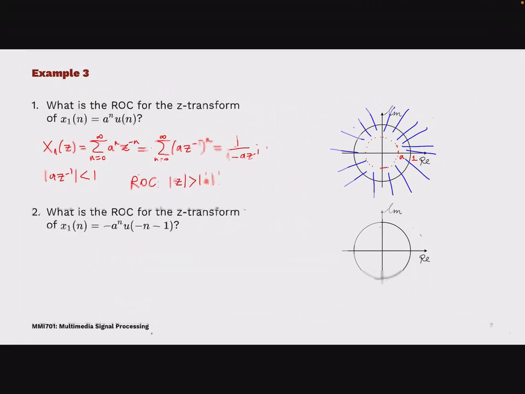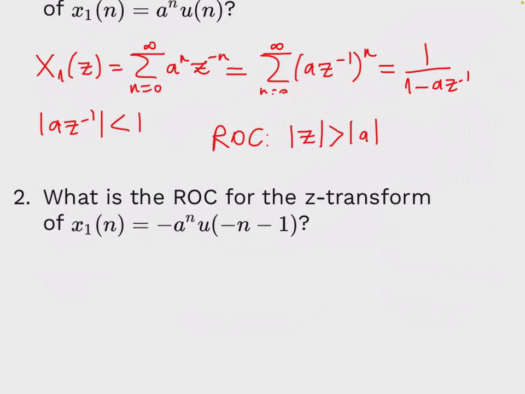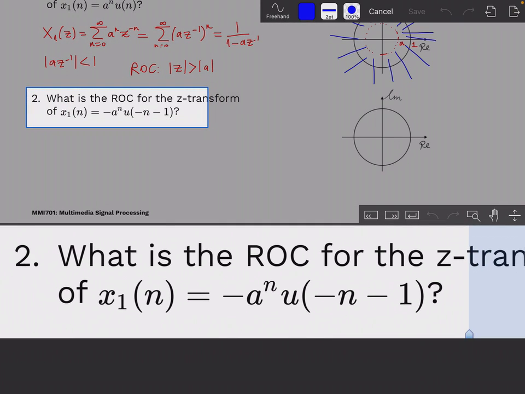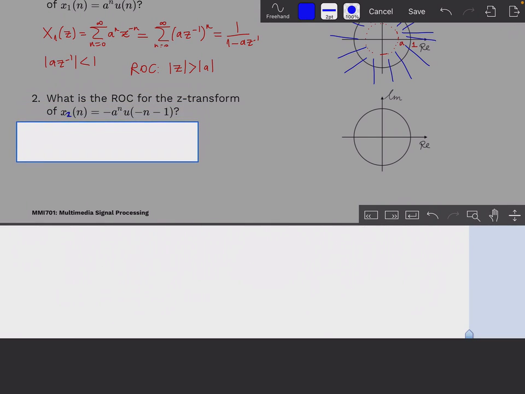Now let's have a look at this signal, which is a very similar signal. Not so much though. So there's a little typo. I would need to change this to 2. So this is the second signal, x2. Let's have a look at this. Is this a causal signal or a non-causal signal, do you think? I'm just going to give you a moment to think.